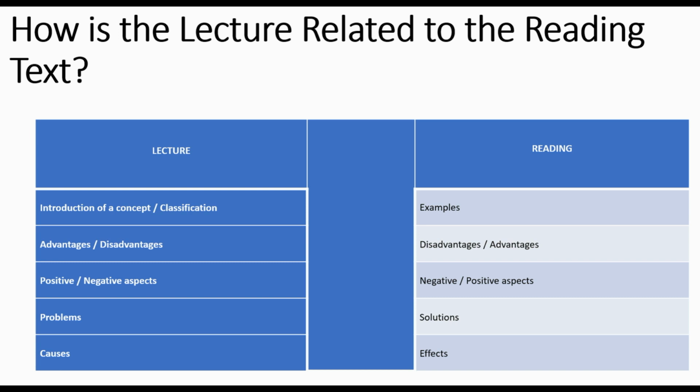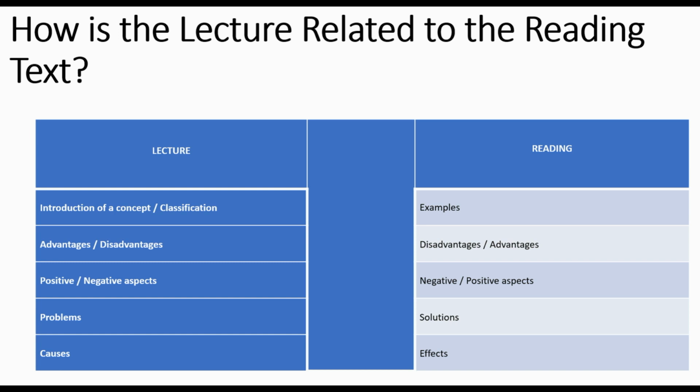For example, you might listen to a lecture on marketing strategies. The lecture will talk about these strategies and classify them. The reading text will then focus on some examples of these strategies and mention some companies that use these strategies. This is the first one, classification and examples.